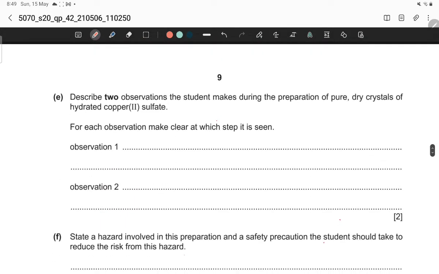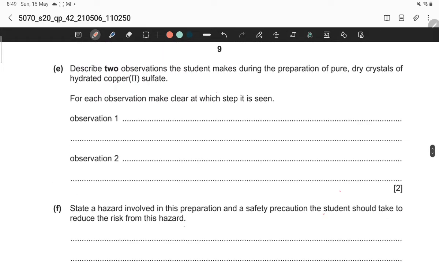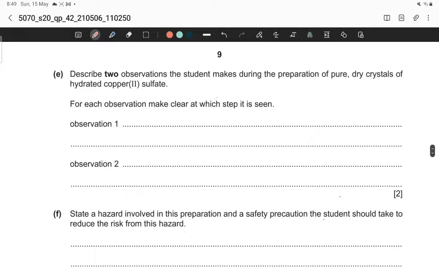So this is all. Describe 2 observations the student makes during the preparation of pure dry crystals of hydrated copper 2 sulfate. For each observation, make clear at which step it is seen. Observation 1, in step 2: black solid remains, copper 2 oxide remains because we are using excess copper 2 oxide.